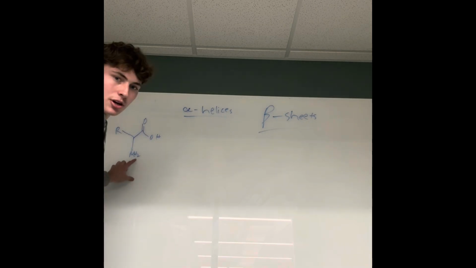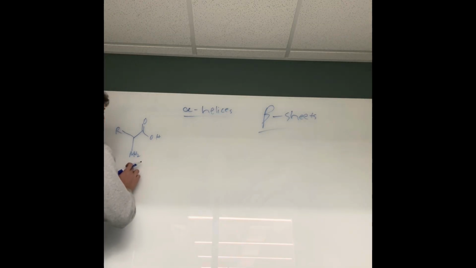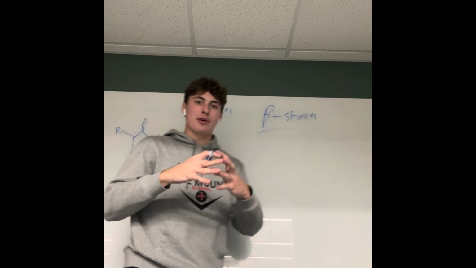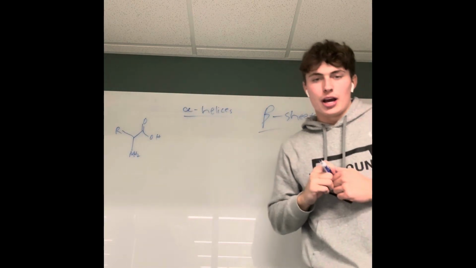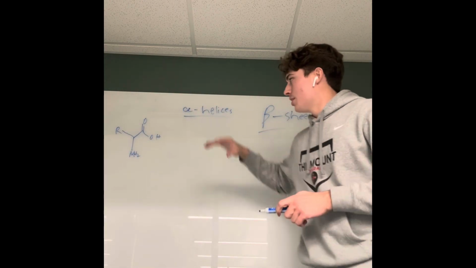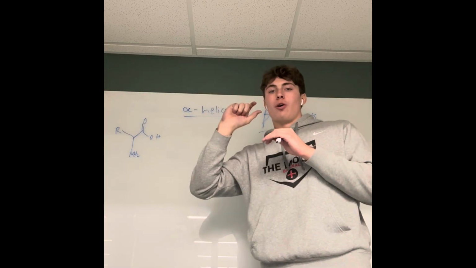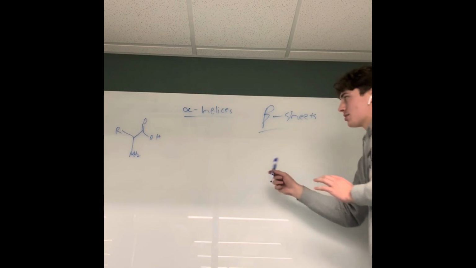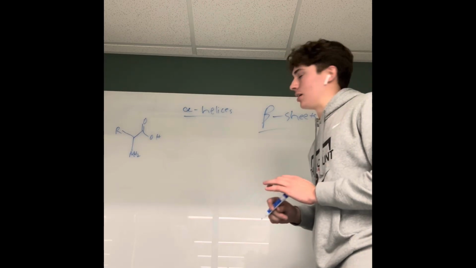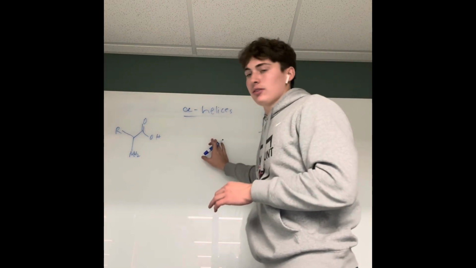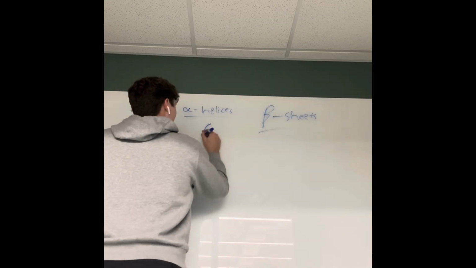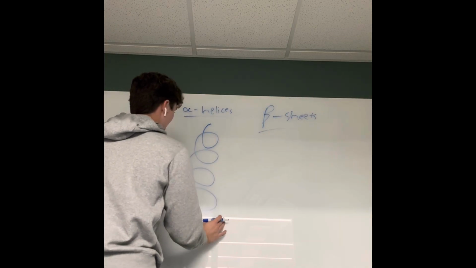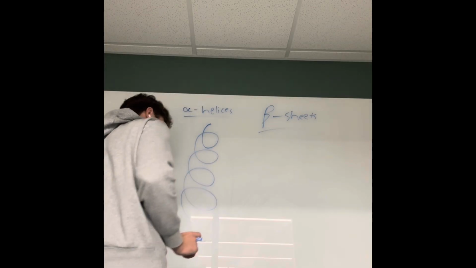This H on the end is going to interact with this O over here, because we're thinking about how we have this long sheet of different amino acids. So when each of those O and H's interact, we get what we call hydrogen bonds. This is going to drive our alpha helices and beta sheets. An alpha helix looks like a coil. It's hard to draw two-dimensionally, but it's going to be a coil, kind of like this.